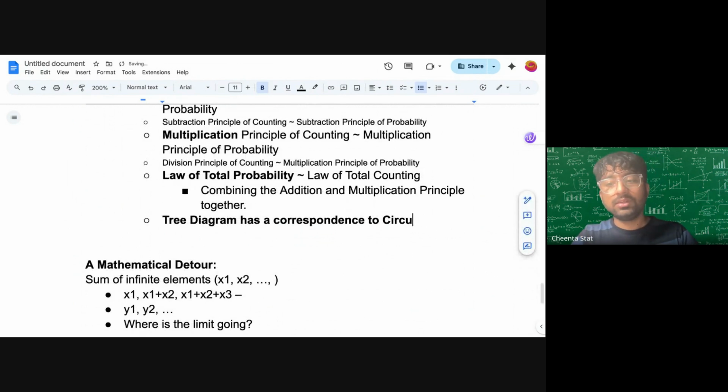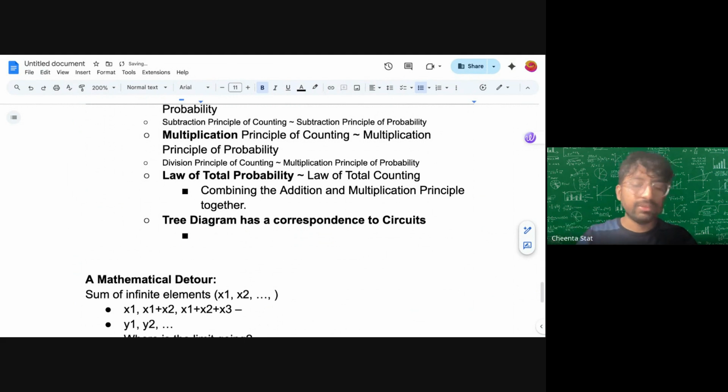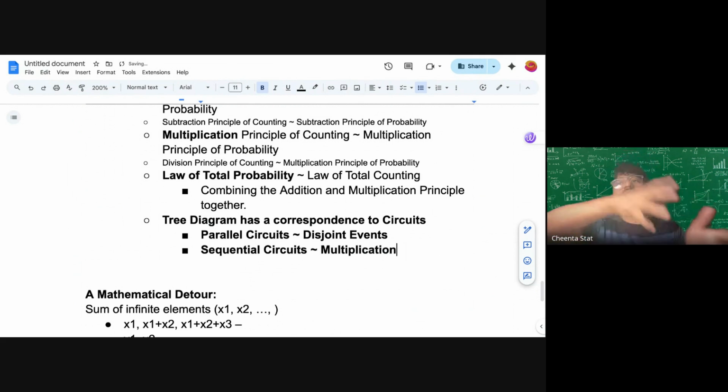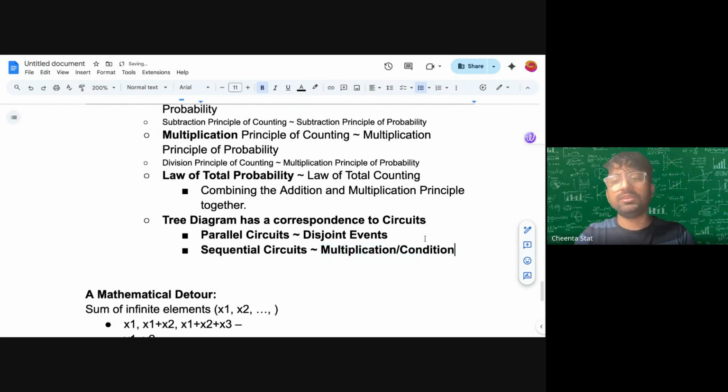In the same way, parallel circuits are equivalent to disjoint events, because one doesn't affect the other, and sequential circuits are equivalent to the multiplication principle, because one is dependent on the other, that is, conditional. So disjoint is addition, and multiplication is conditional.